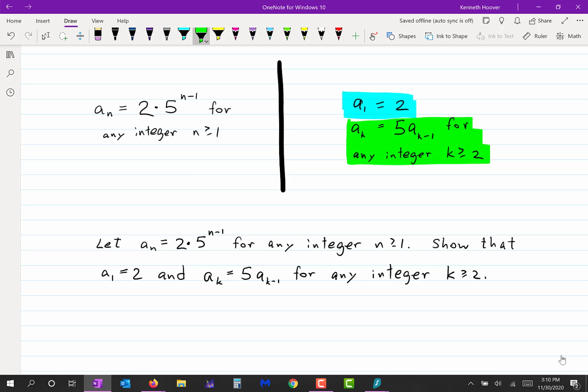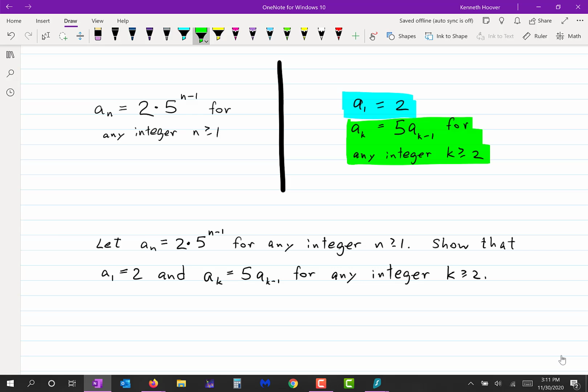Blue is only a statement about one single number. Green is a statement about a whole bunch of integers, so we will use induction to prove green. Do you see what I'm saying? So blue, that is not the base case of our induction. That's something that I want you to notice.